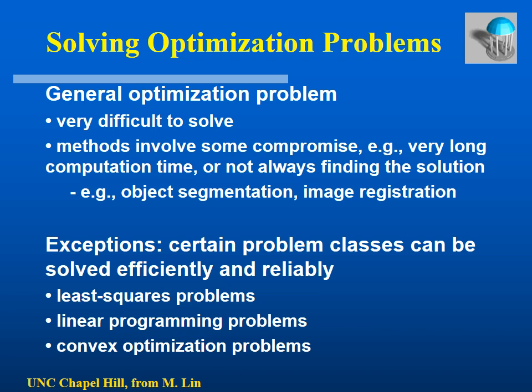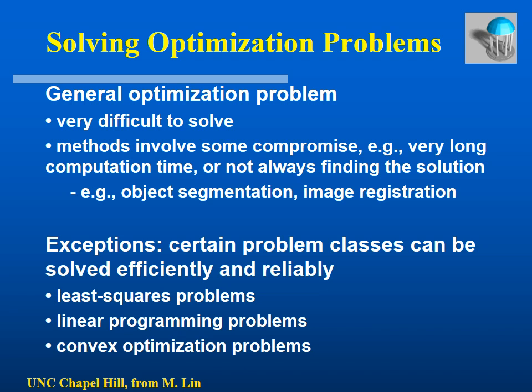In my own research, I'm concerned with finding an object in a medical image. It's called object segmentation. For example, in a CT image, the 3D image, one may be interested in finding a particular organ, say the liver.